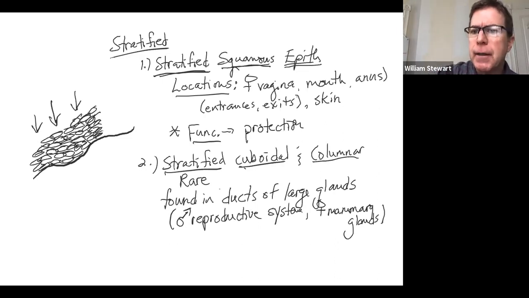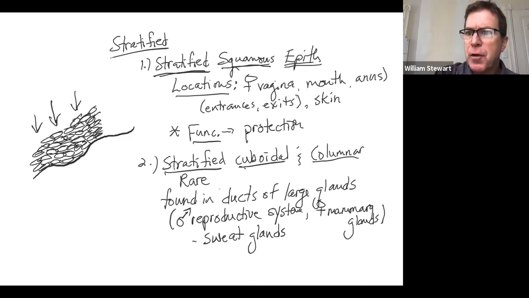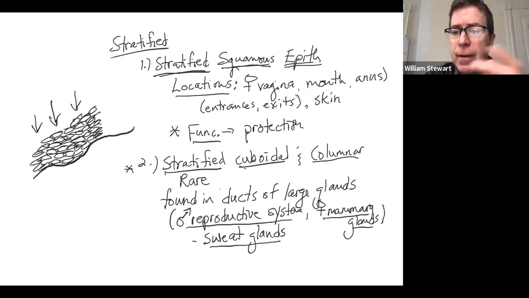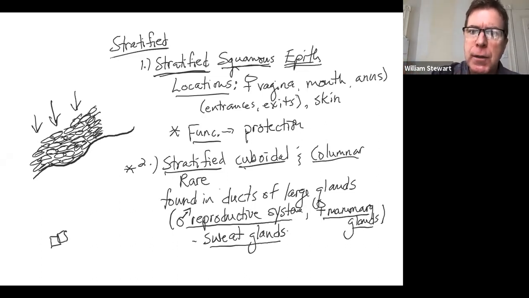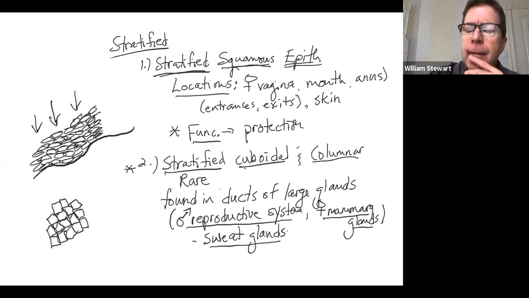And also finally sweat glands as well. So male reproductive system, female mammary glands, and sweat glands typically contain it, but that's pretty much the only place we find them. And not all sweat glands have this type of tissue. So just to draw you a quick picture, it just means multiple layers of cube-shaped cells, complex sweat glands, the male reproductive system, like the ductus deferens, prostate gland, things like that.